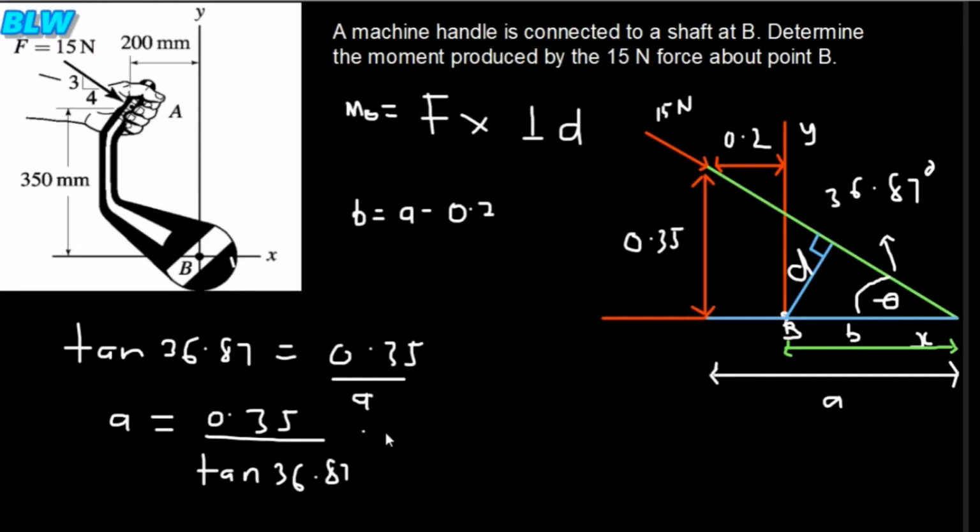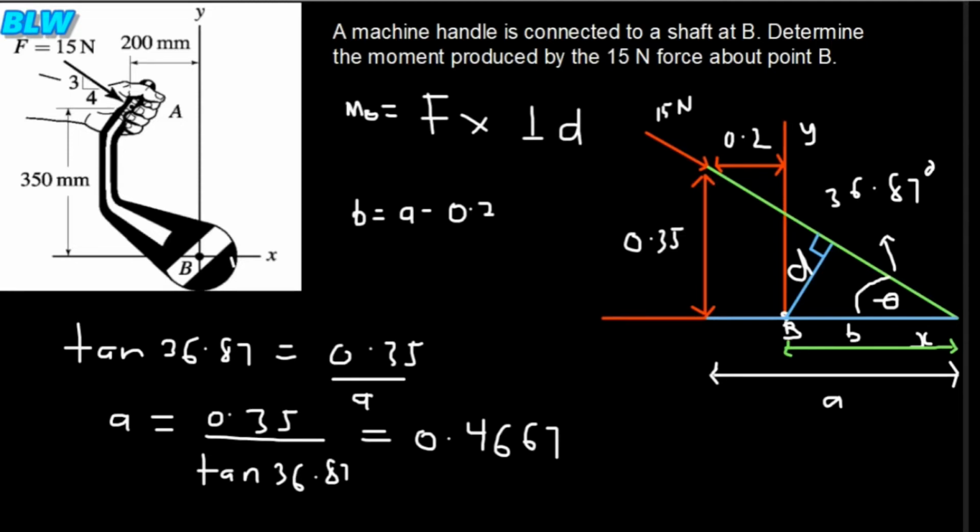So that should give me the value of my A. So that will be 0.35 divided by tan of 36.87. This gives me 0.4667.